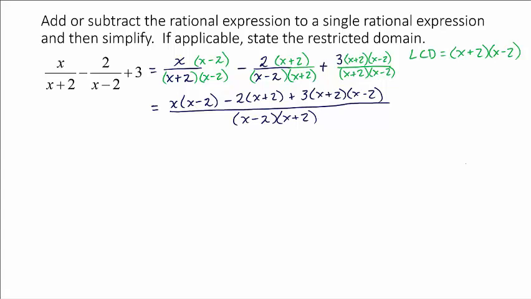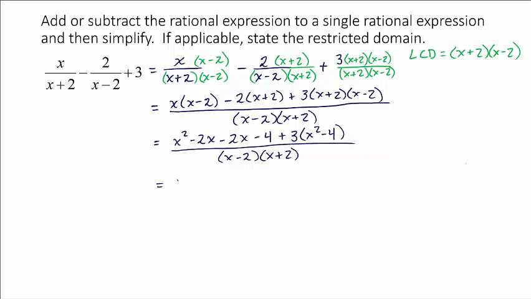Okay, so let's work on that numerator a bit. We're going to have x times x minus 2 is x squared minus 2x minus 2x minus 4, right, when I distribute the negative 2 through, plus 3, and I'm going to FOIL the x plus 2 times x minus 2, which is x squared minus 4, right, difference of squares, all over x minus 2 times x plus 2.